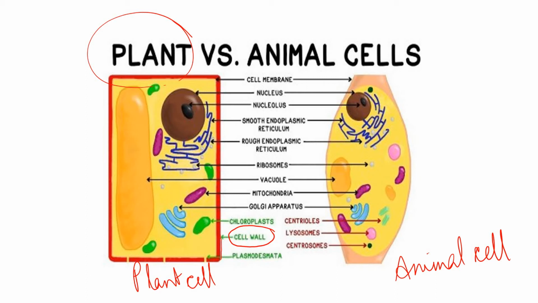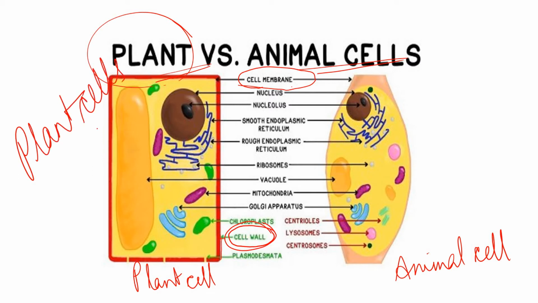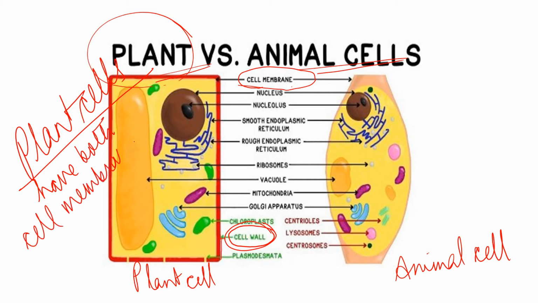Animal cells have a cell membrane. Plant cells also have a cell membrane. So the cell membrane is common to both plant cells and animal cells, but the cell wall is present only in plant cells. So again, let me write: plant cells have both cell membrane plus cell wall.